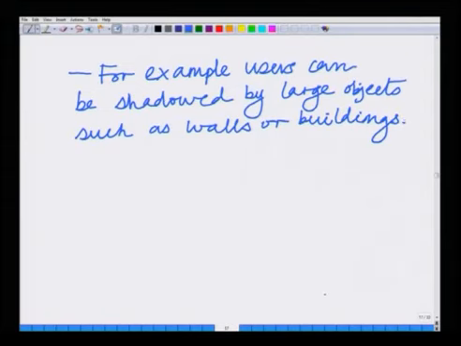So, users can be shadowed by large objects such as either walls or buildings.